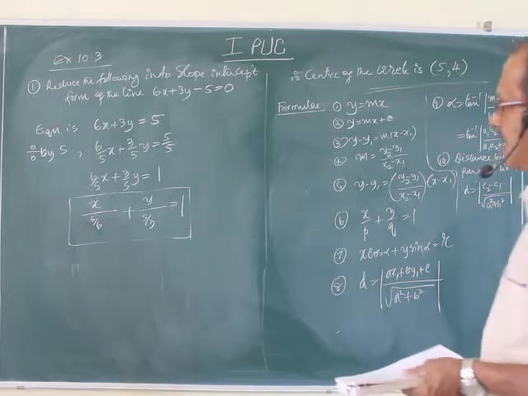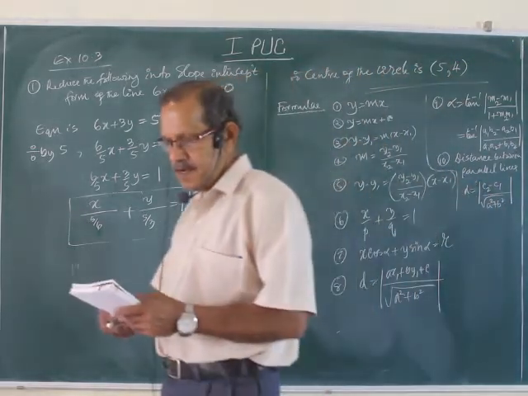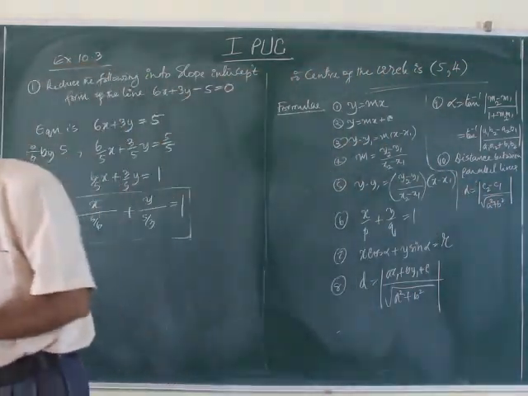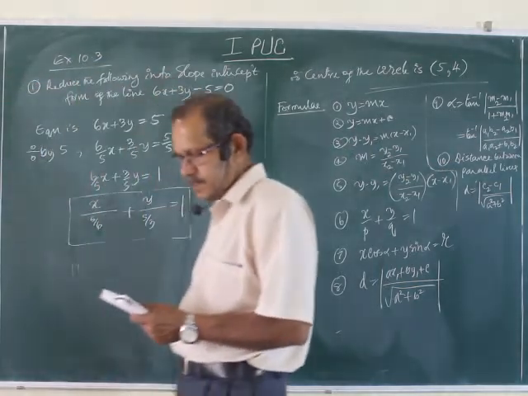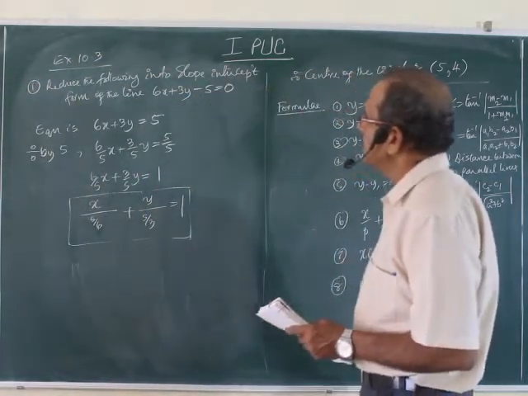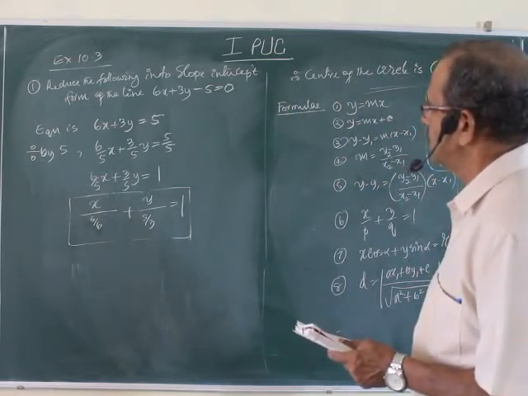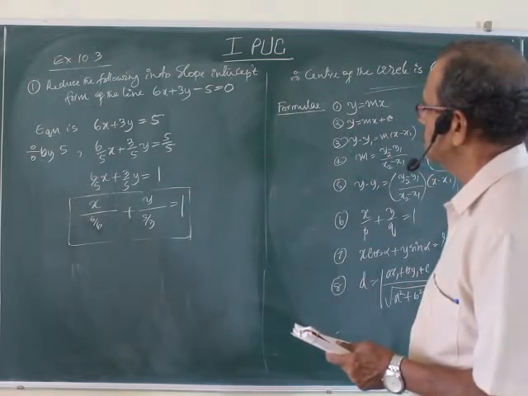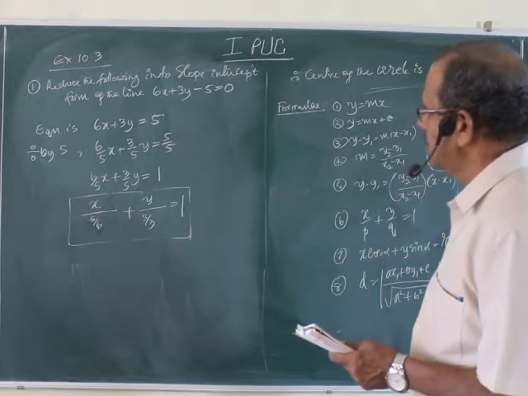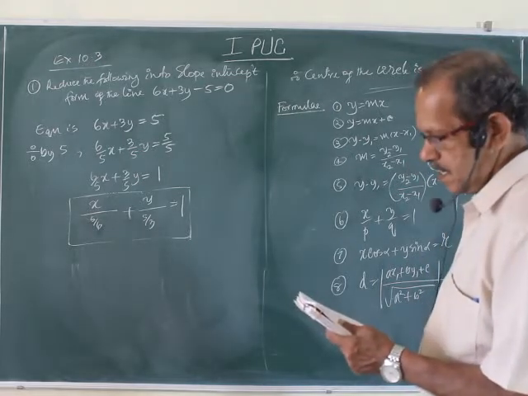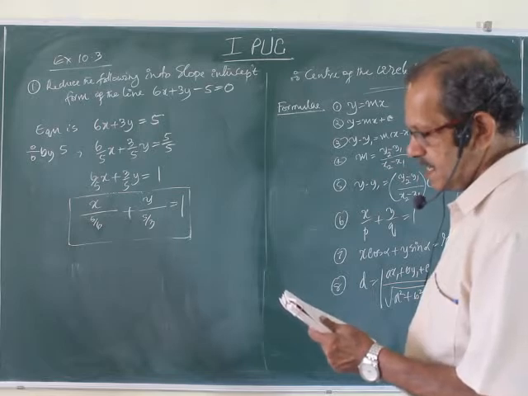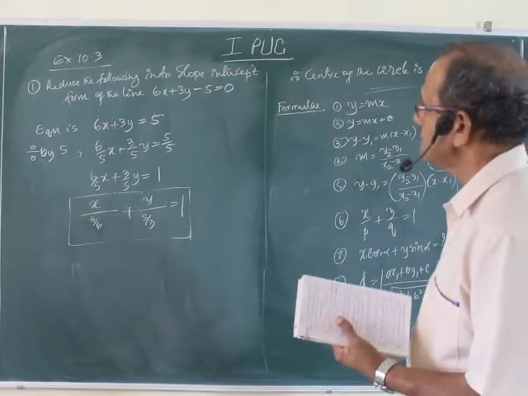First problem in the exercise. Reduce the following into slope intercept form. Okay. Not this one. Slope intercept form, not. It is another question. X and y intercept form.